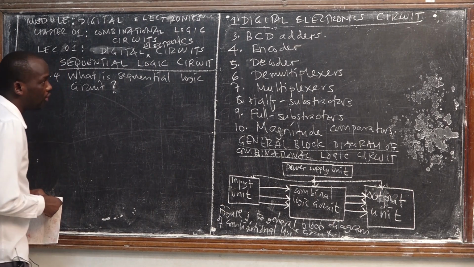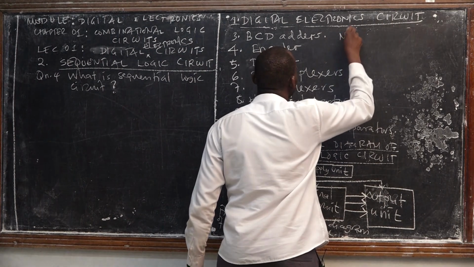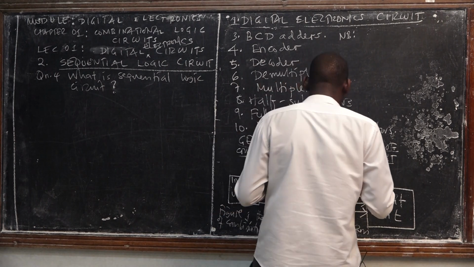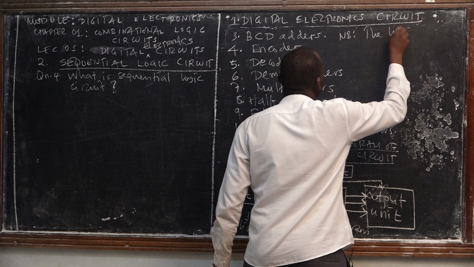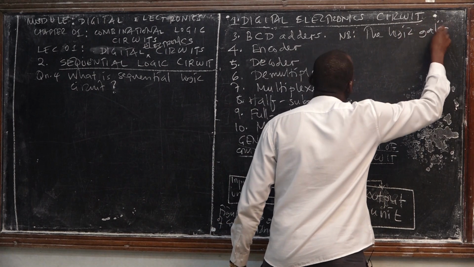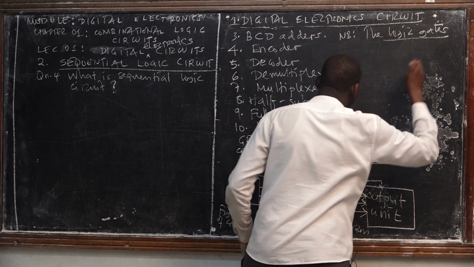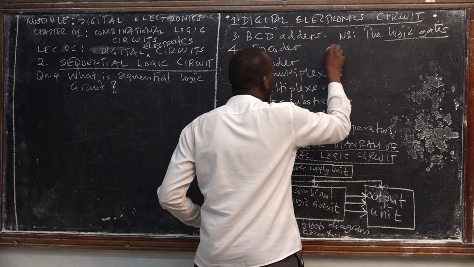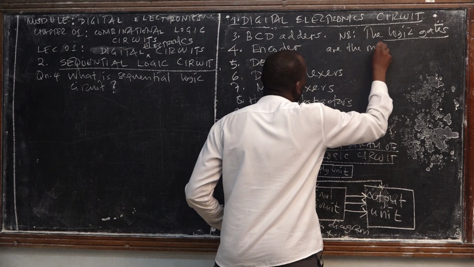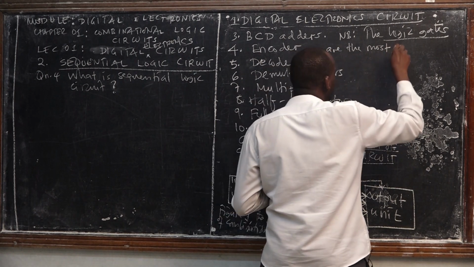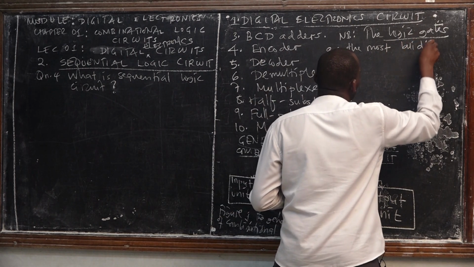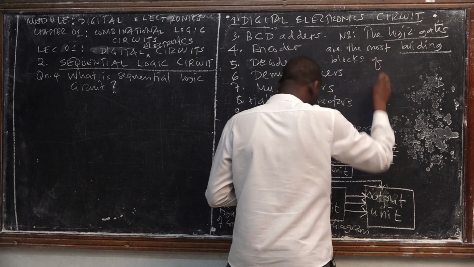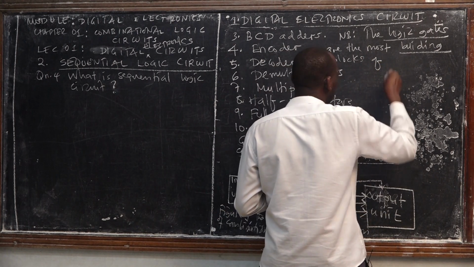Write this note, the first one. The logic gates that we introduced to you at A level, say logic gates, are the most basic building blocks of combinational logic circuits.